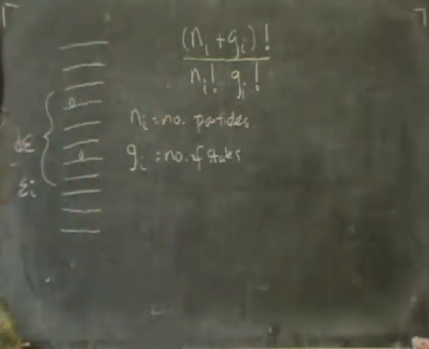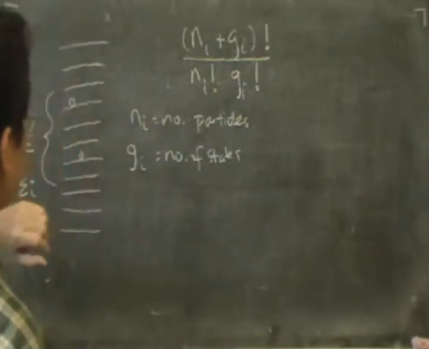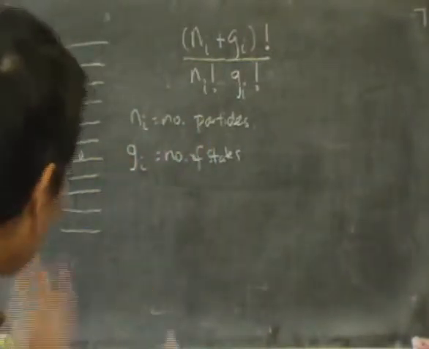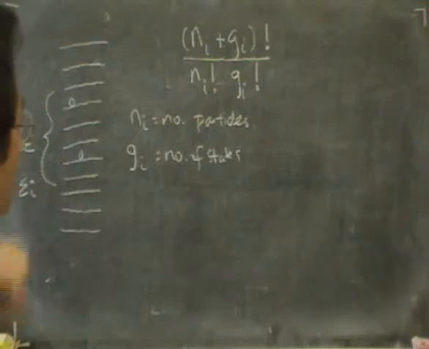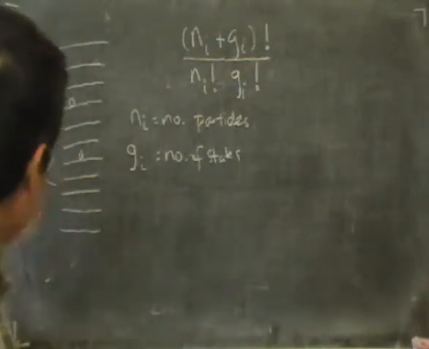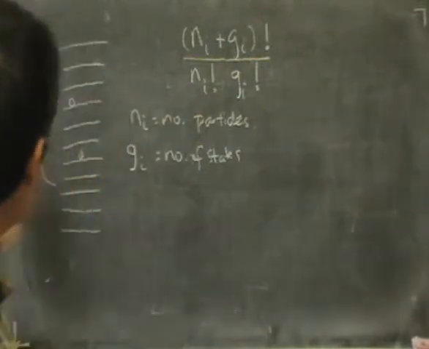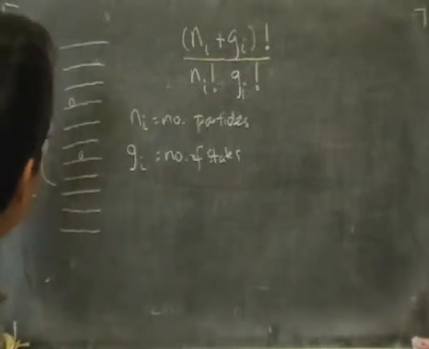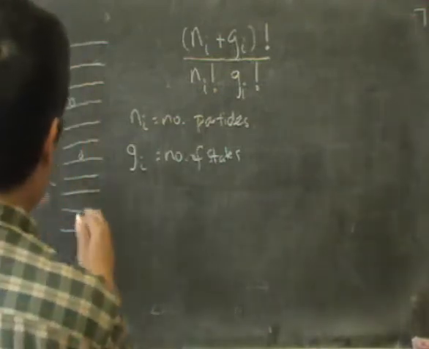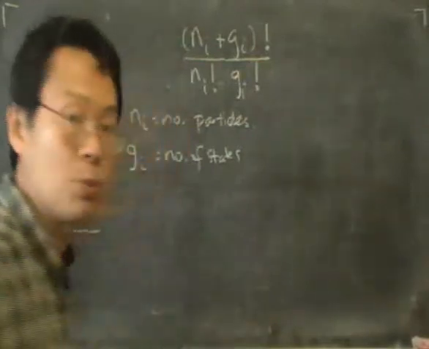Right, so this group of energy states and particles will have this number of ways of arrangements. Now what we need to do next is to consider the number of arrangements in all the other intervals. So there are many intervals. This is the ith interval, then we have the i plus 1, i plus 2 and so on, and i minus 1, i minus 2 and so on. Each one would have a number of arrangements given by an expression like that.